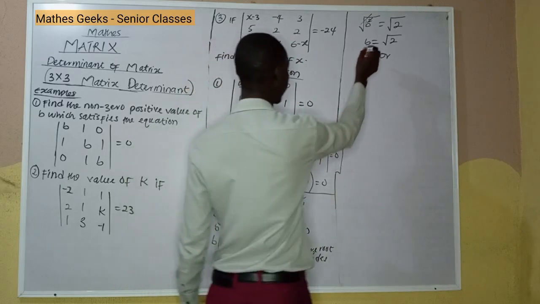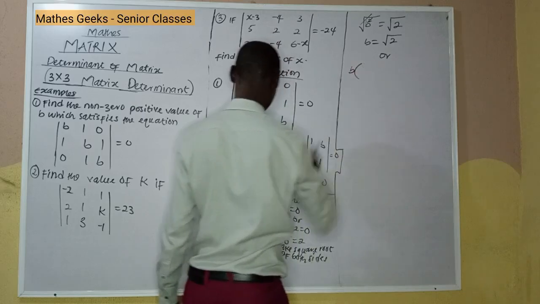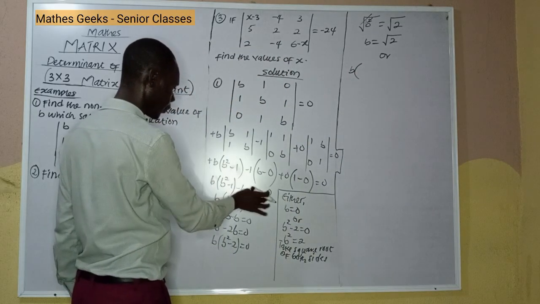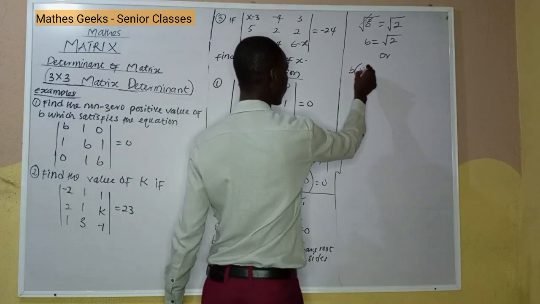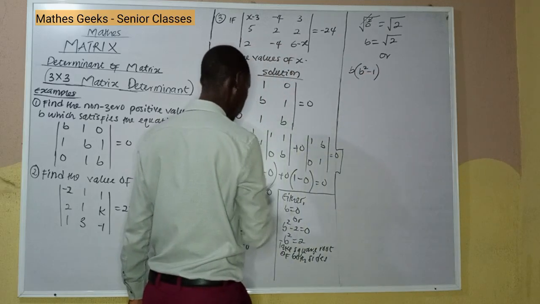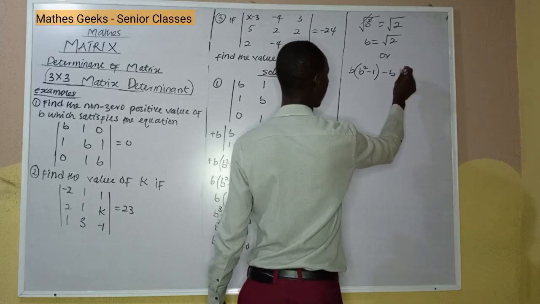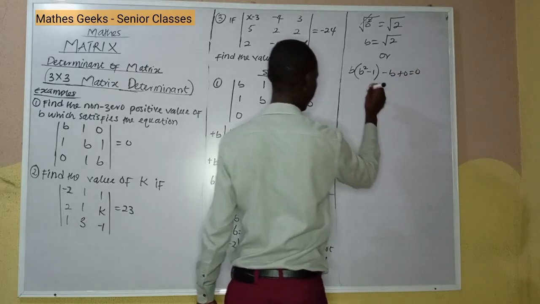Or we can do it another way, from this part here: b squared minus 1 minus b plus 0 plus 0 is equal to 0.